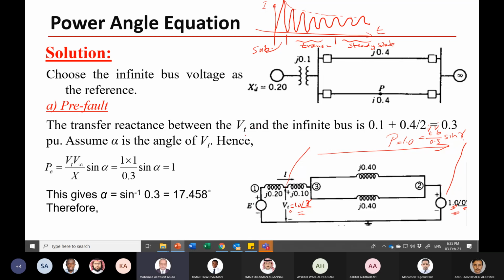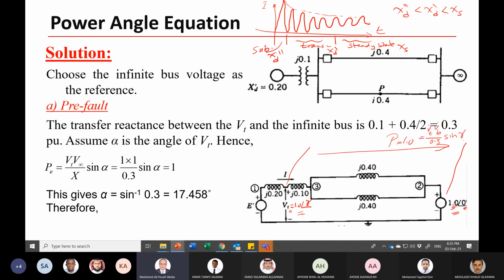So the reactance here is called XD double prime, and here you have XD prime, prime for transient, and this is X steady state or synchronous impedance. Usually XD double prime is lower than XD prime, which is lower than XS, the synchronous impedance.